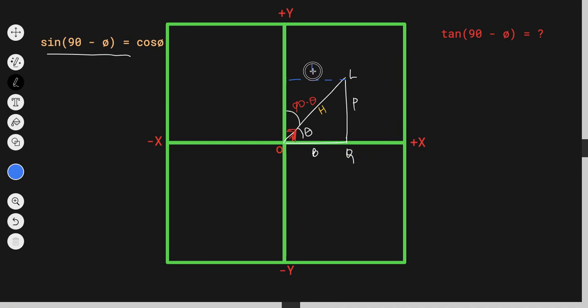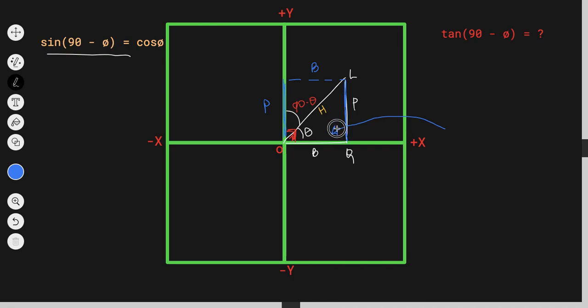So its length will be B, and similarly this side, when we map it onto that side, its length will be P, correct?